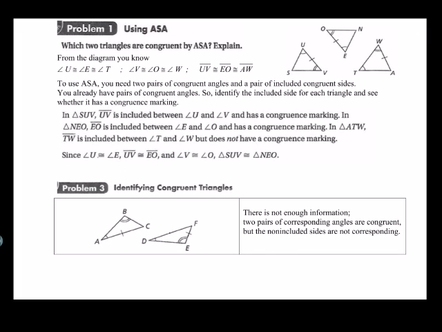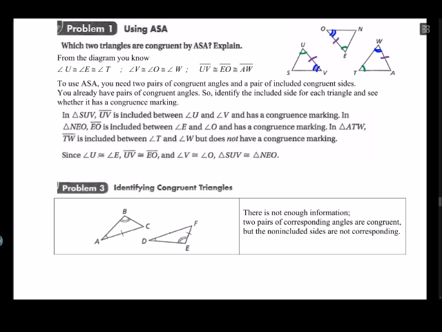So let's look at a problem using angle, side, angle. We are given triangles here, and I see congruent angles marked. All three of them have a green angle, and I see other angles that are congruent. All three of them have a blue angle, and we also have a congruent side here.